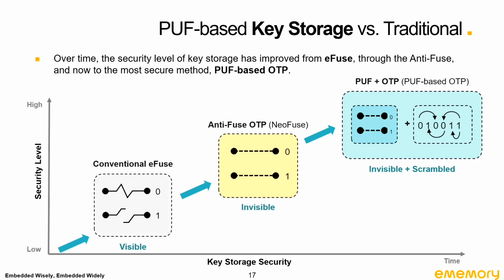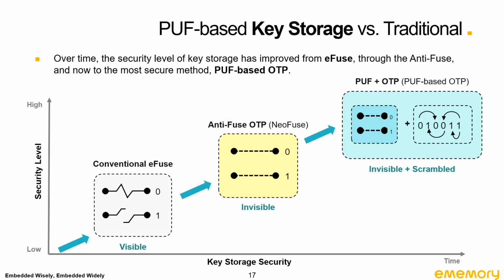On the left side, you can see that with the conventional eFuse, when the data is originally 0, the fuse needs to be burned and become 1. When the fuse is burned, it is broken.